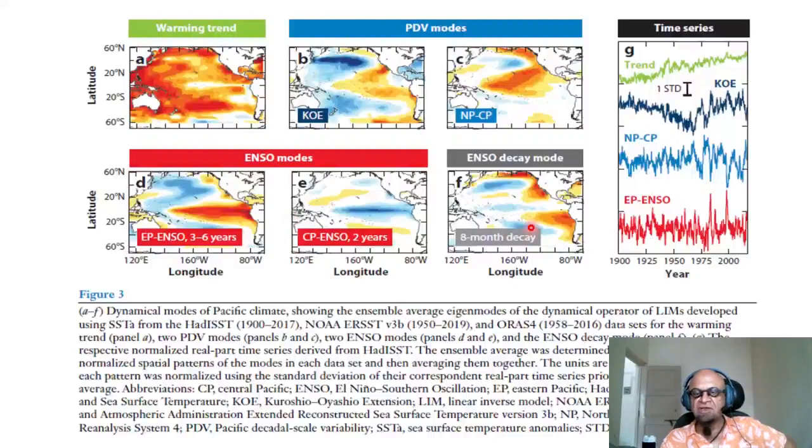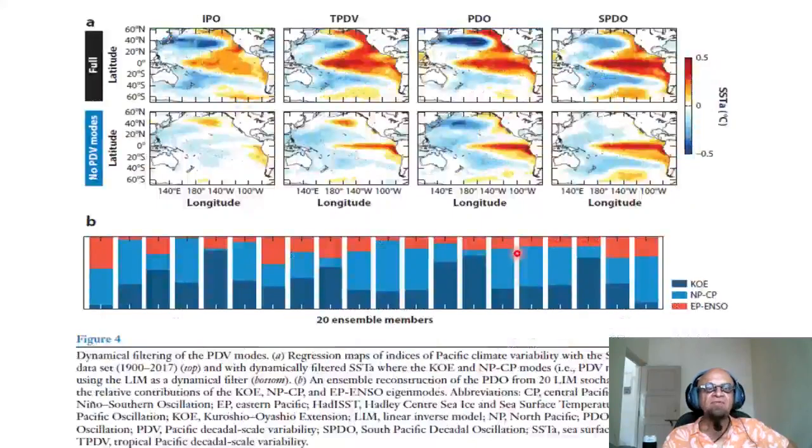And you have the ENSO decay mode, which of course has an 8-month decay time scale, similar to what we assumed here in the Klaus Hasselmann model, right? So if you do the dynamical filtering of the PDV modes, these are regression maps of indices of Pacific climate variability with SSTA, with dynamically filtered SSTA, where the KOE and NPCP modes have been removed using the linear inverse model as a dynamical filter.